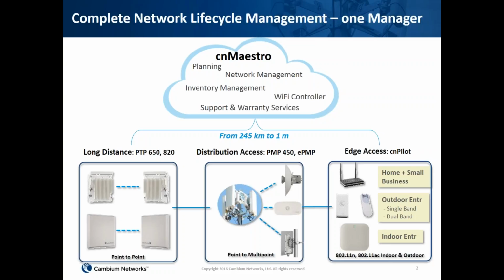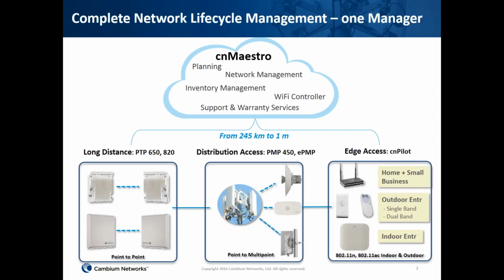The 450 platform is our flagship distribution and access layer product. It's right in the middle of this chart on the bottom. Cambium has products everywhere from long distances, 245 kilometers, down to indoor products that can service under a meter. So we can connect from microwave ends all the way down to inside the home to do wireless LAN products.